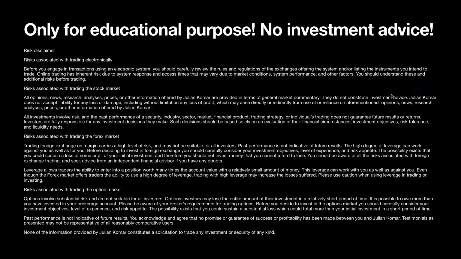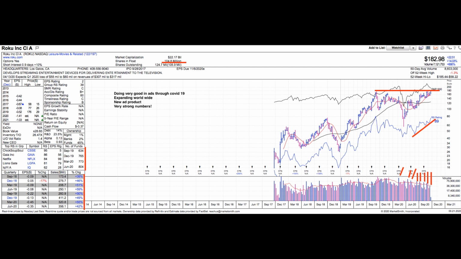Okay, so let's start. The entry of my ROKU trade. So as you know, I'm mostly starting with a weekly chart when I look at stocks. And this was also the case with ROKU, and you can see when I decided to buy a position in ROKU, I looked at the weekly chart.